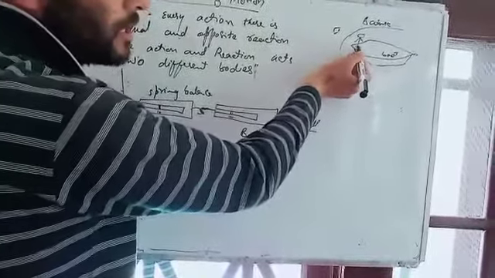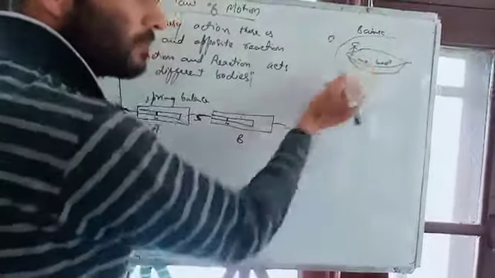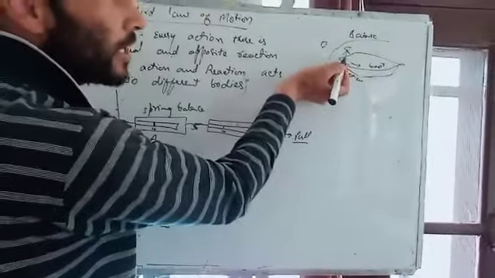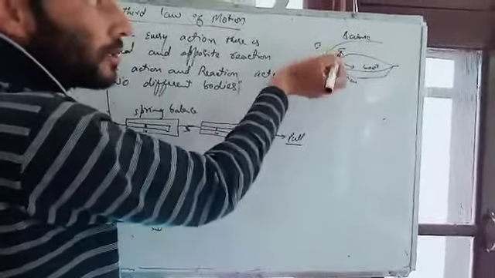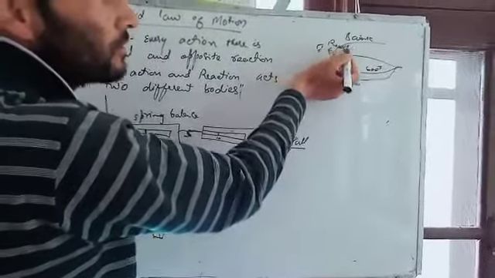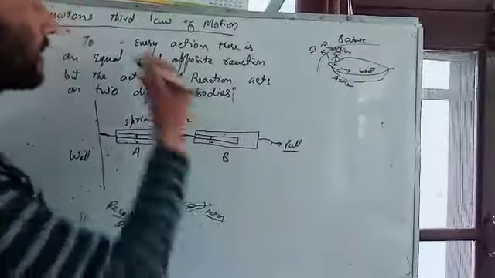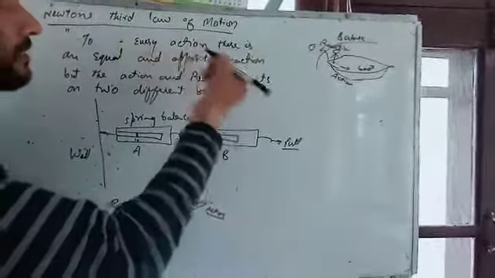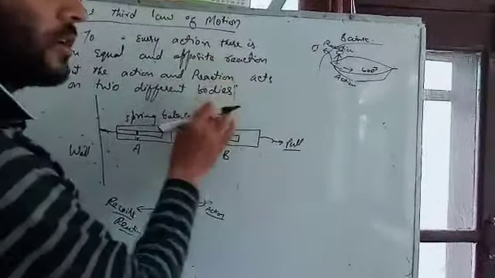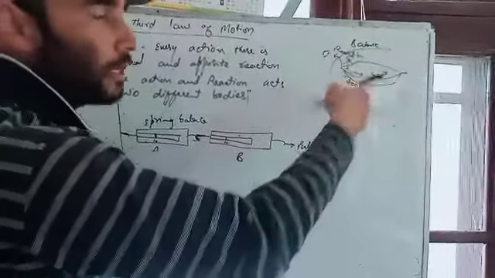The man pushes the boat backwards, which is the action. And the boat in turn pushes the man forward, which is the reaction. This law states that to every action there is an equal and opposite reaction, but the reaction and action are on different bodies. It is action on the boat and reaction on the man.